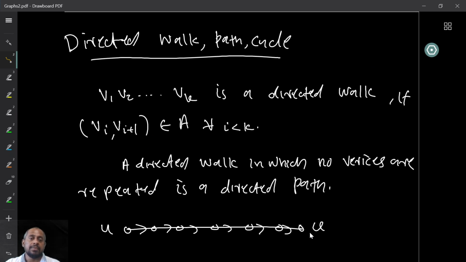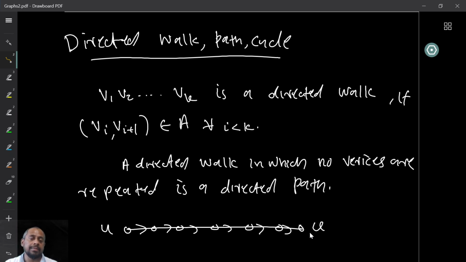Now, the concepts of walks, paths, and cycles are very much similar to the case of undirected graphs, except that instead of edges, we are looking at directed edges, or arcs. Now, if for example v1, v2, ..., vk is a directed walk, then what we know is that (vi, vi+1) is an arc for every i less than k.